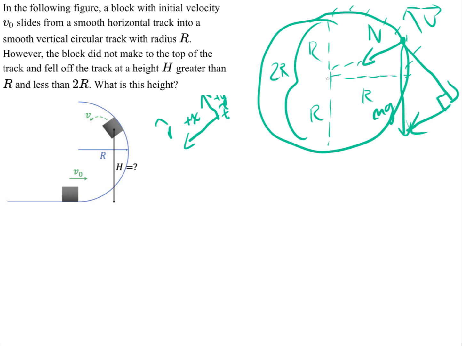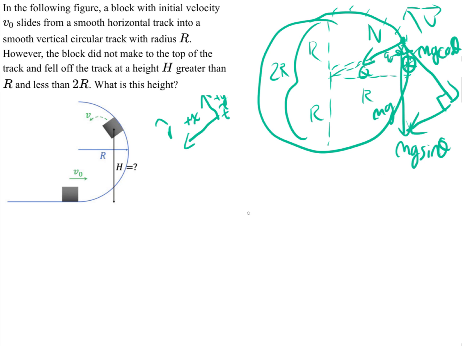And now if I make an angle here towards the object and call this theta, then this radius will be perpendicular to this tangent line here. So this is 90 minus theta, and so this angle here is theta. So the force in the radial direction becomes mg sine theta, and the force in the tangential direction becomes mg cosine theta.